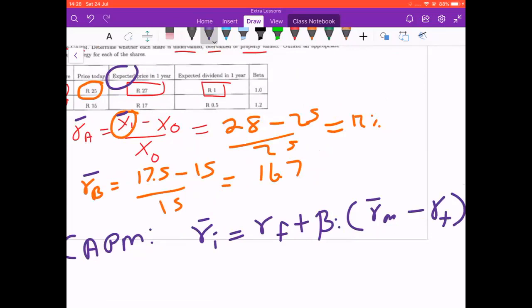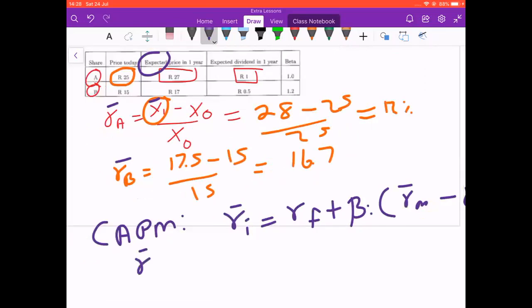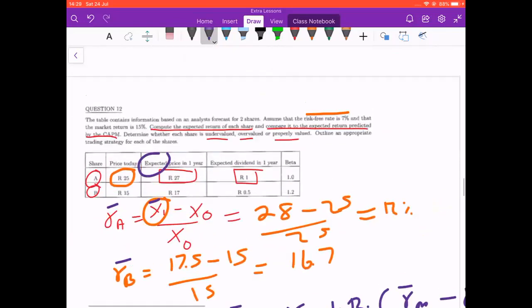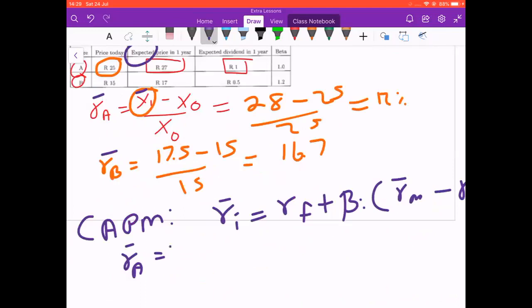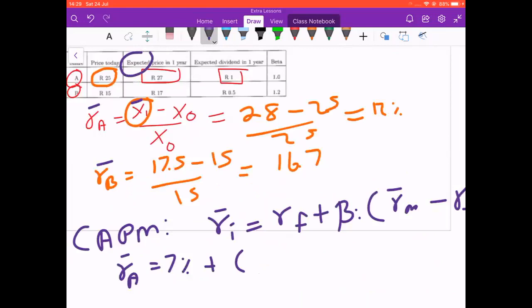So for A, based on CAPM, they said the risk-free rate is 7%. So you have 7% plus beta, which is 1, times the return of the market, 15%, minus 7%. So basically you will have 15%.